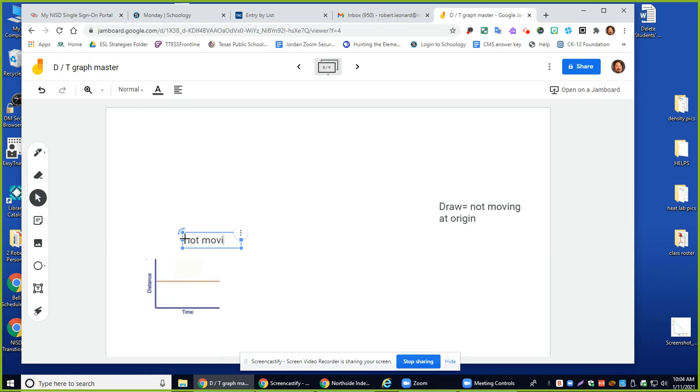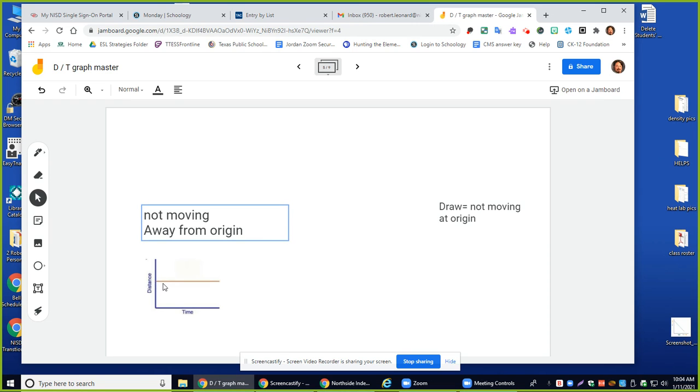Not only that, but I can tell you that not only is it not moving, it's also away from the origin. So in other words, what I could say here is I left home and I go stand at the street corner.